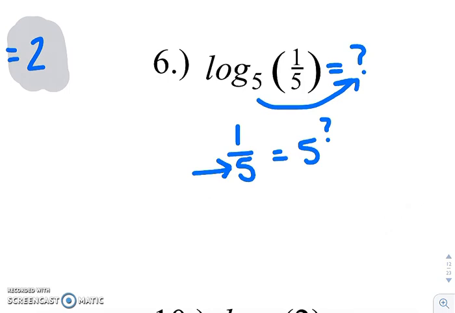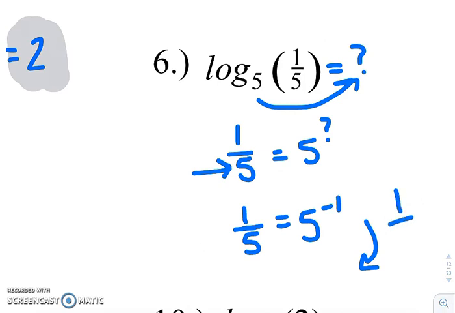Because it's in the denominator, it would have to be 5 to the negative first. Based off our exponent rules, that would get moved and you would have 1/5. That exponent has to be negative. That's the only way to do that.